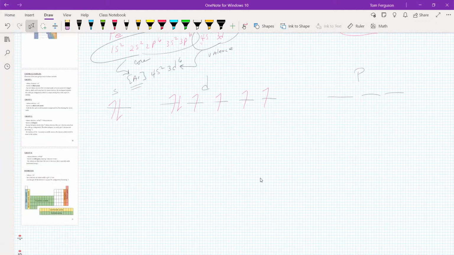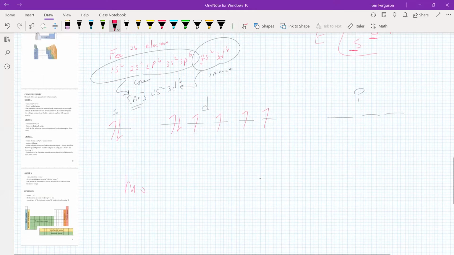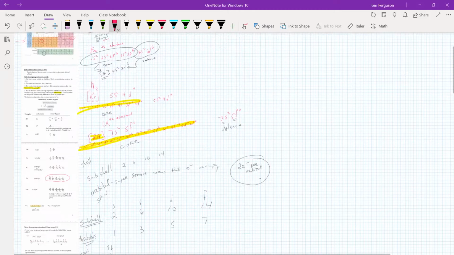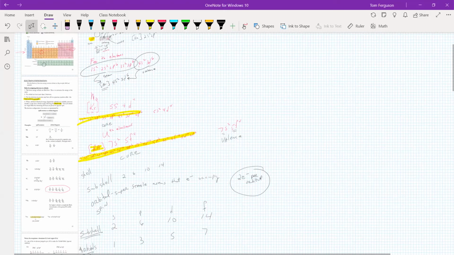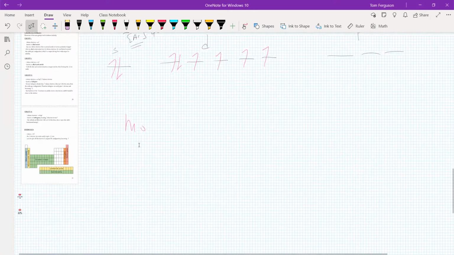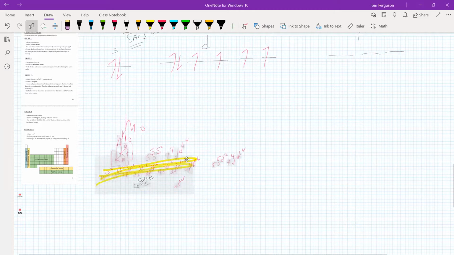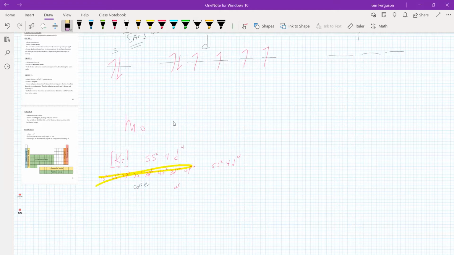Let's do molybdenum. Okay, so there's molybdenum.